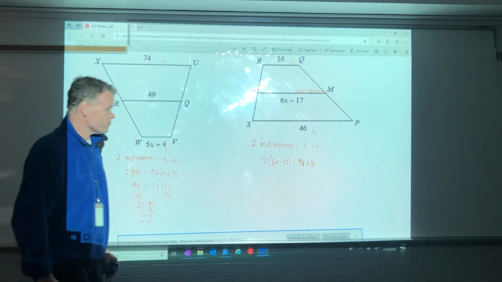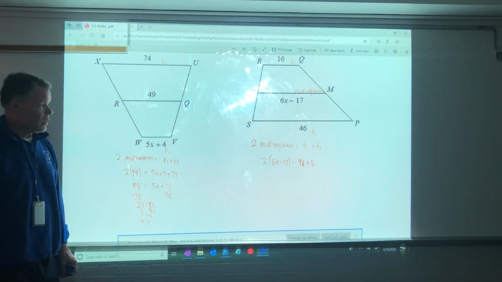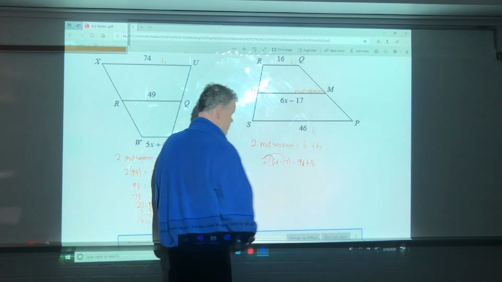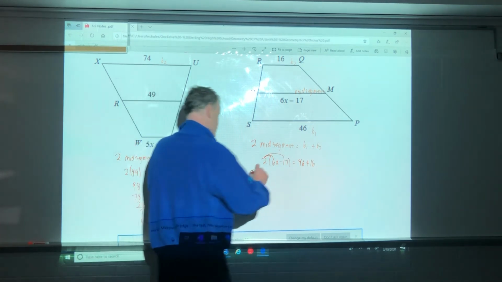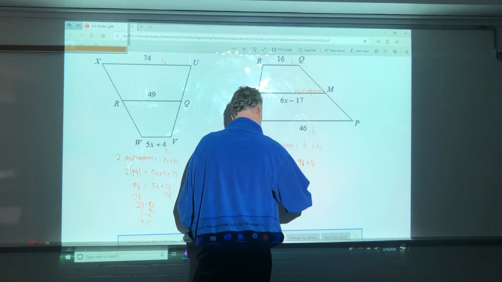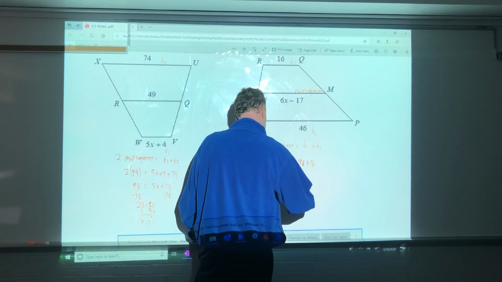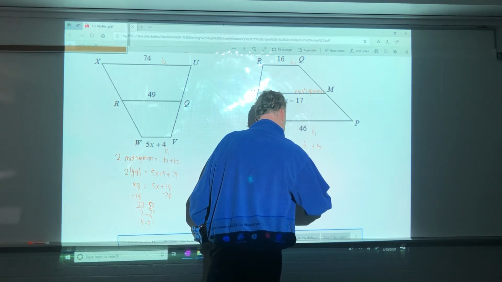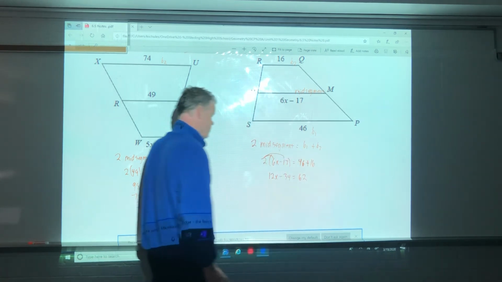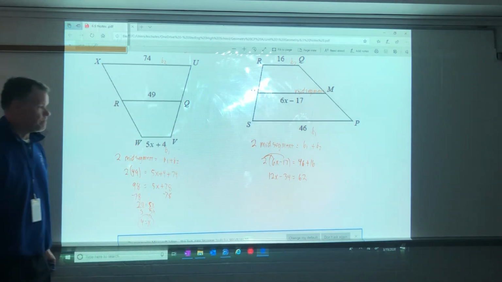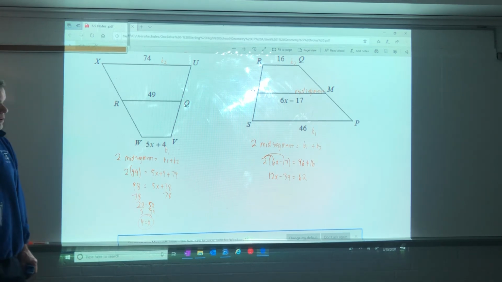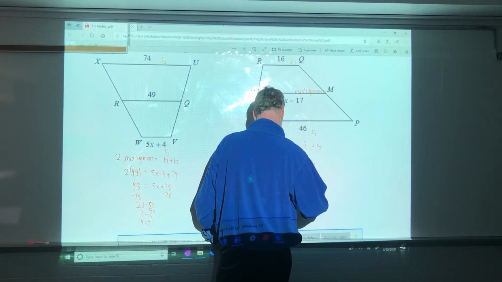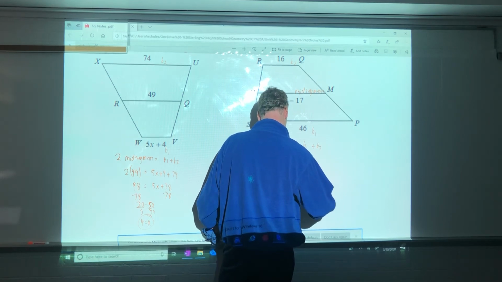So we do our algebra here, we solve the equation, distribute the 2 times the 6x, we get 12x. 2 times the negative 17 gives us minus 34, and that's going to equal 46 plus 16, 62. Then we're going to add our 34, cancels out here.